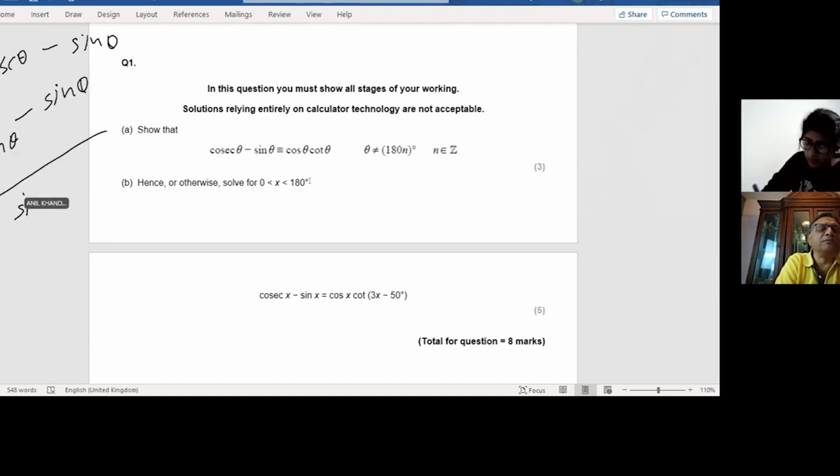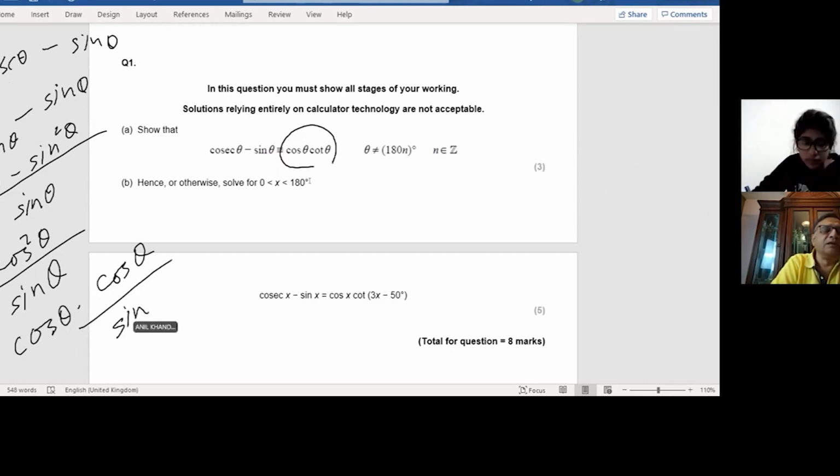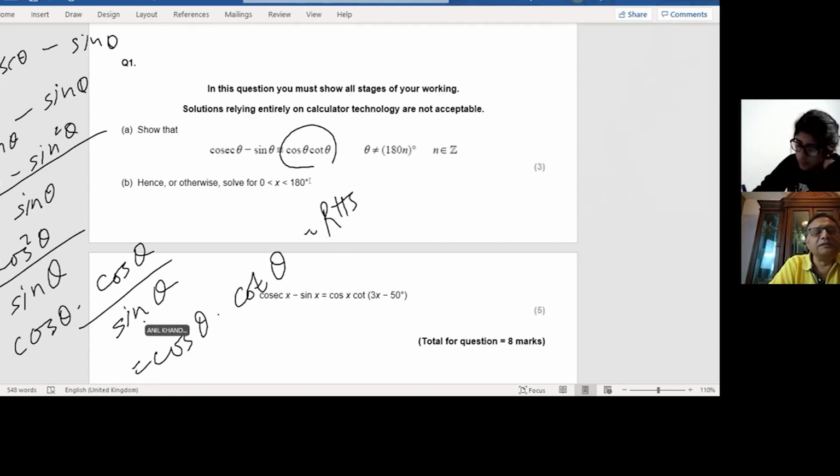Sine theta is common: 1 minus sine squared theta, which is cos squared theta, over sine theta. Now you want to prove this to be cos times something, so keep one cos and the other cos theta, divided by sine theta. You get cos theta times cos over sine, which is cot theta, the right-hand side. And of course, sine theta is in the denominator, which is 0 for multiples of 180, and that is the restriction in this case.